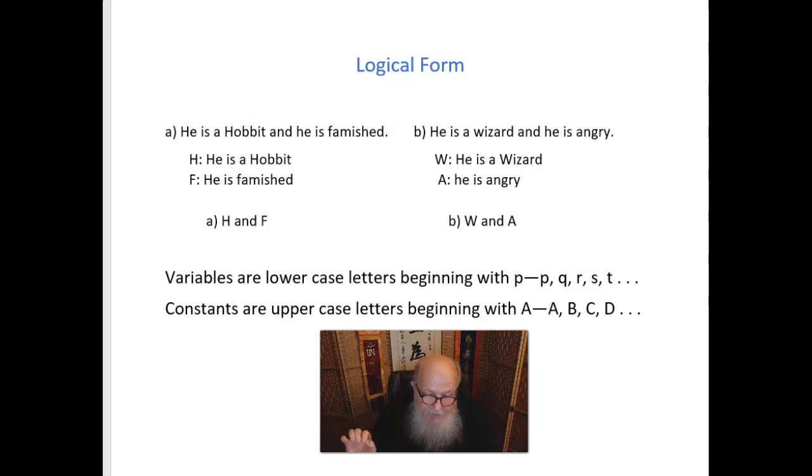And constants then stand for the actual proposition, the particular propositions and the particular arguments, while a variable is a letter for which we may substitute a constant. So just like if you had x plus y equals z, and you could put any number you want in the x and the y and the z, so p, q, r, and s, t, and so on can stand for any proposition.